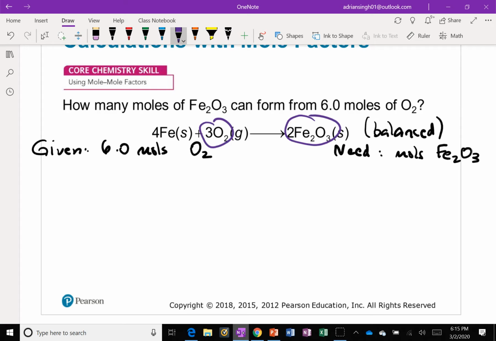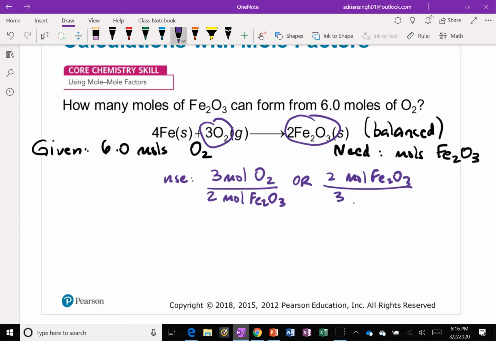Yes. 3 moles of O2 over 2 moles of Fe2O3. All you did there was read the coefficient from the balanced equation. That's a conversion factor. We can flip it if we need to, so let's write the other one just in case. We have 2 moles of Fe2O3 for every 3 moles of O2. That's the same thing we've been doing the last couple of equations.